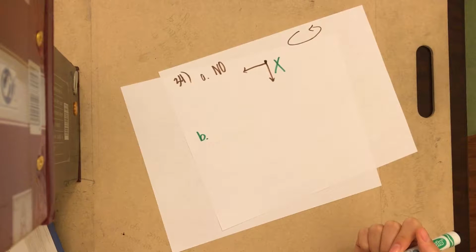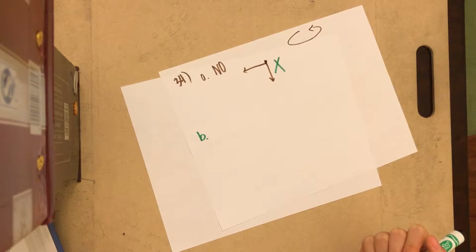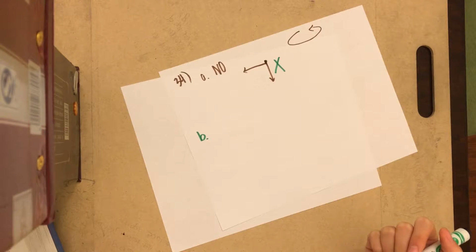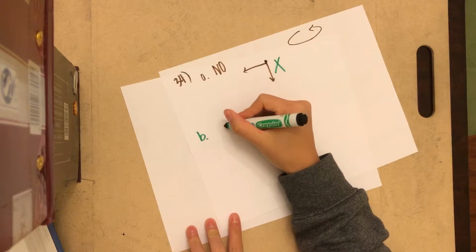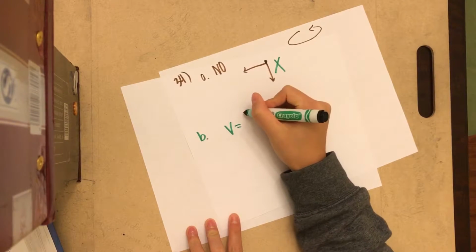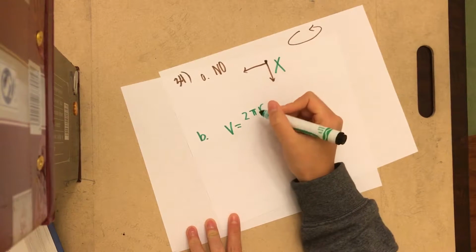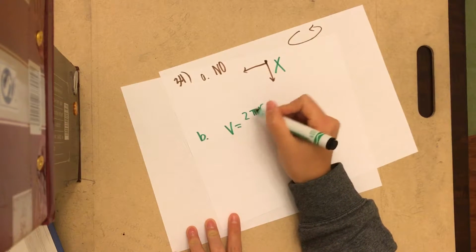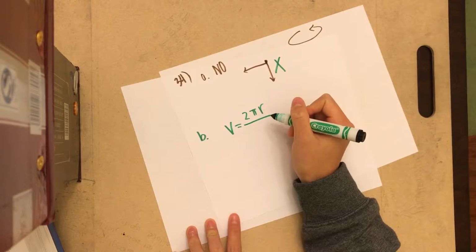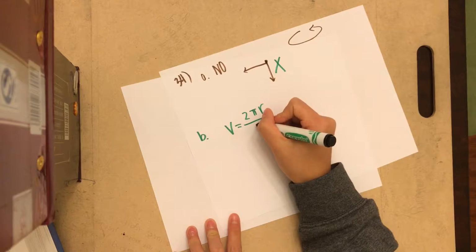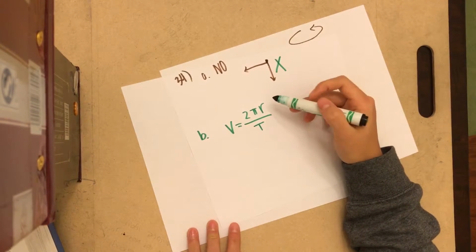In part B, we are trying to find the ball's tangential speed. So to do this, we have to use the formula v, the velocity, equals 2 pi r. And 2r is basically the diameter, and this is the circumference basically. And divided by the time it takes to complete one revolution.